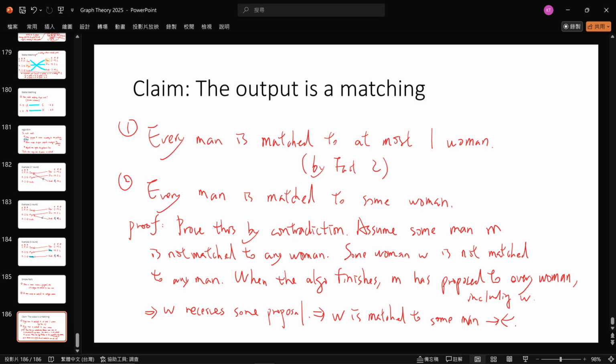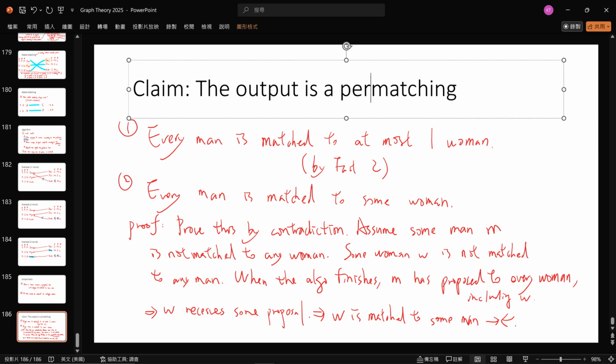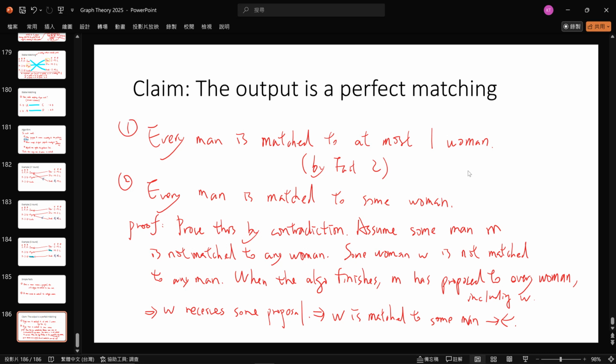So this is the proof for the reason that the output must be a matching. Or perhaps let me add perfect. So this means every man and every woman is matched to some client. Okay, are there any questions?